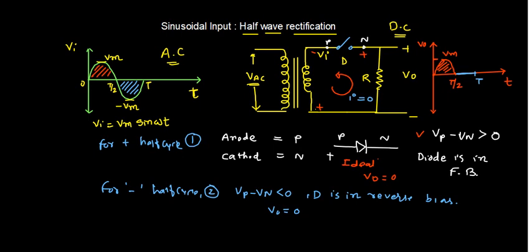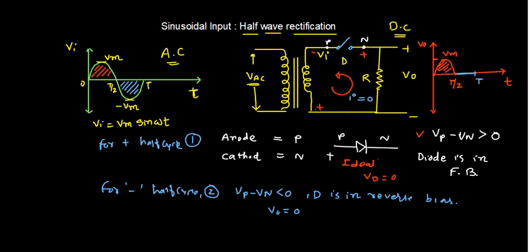So this is what happens for the positive and negative half cycle. For negative half cycle, the diode is open circuited because it is in reverse bias. Because of this condition, the current cannot flow, and I equals 0.